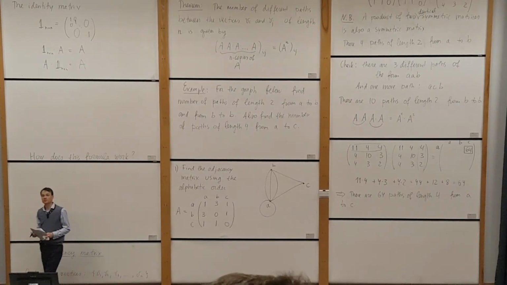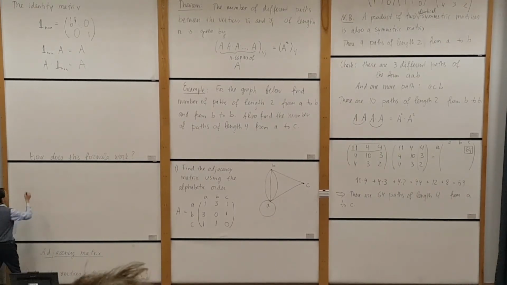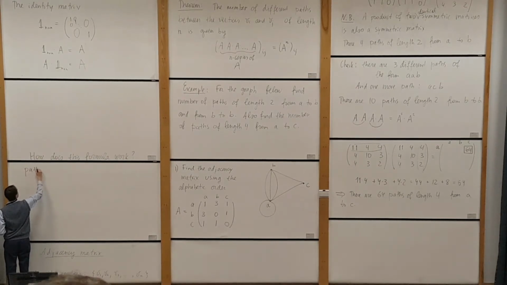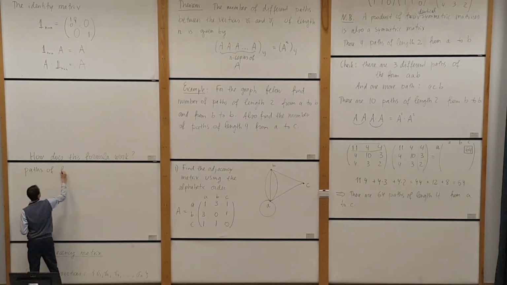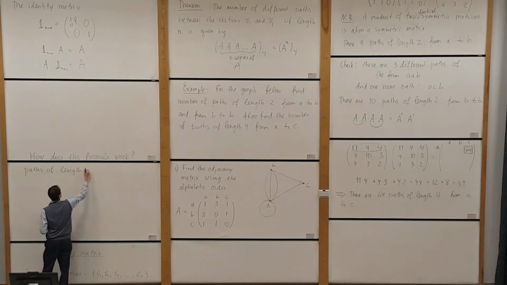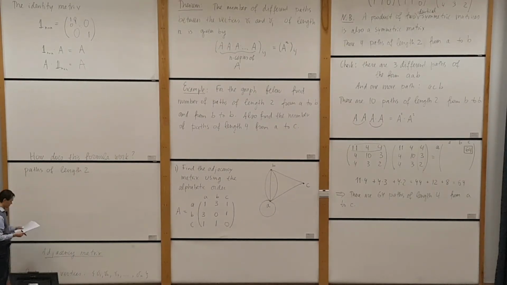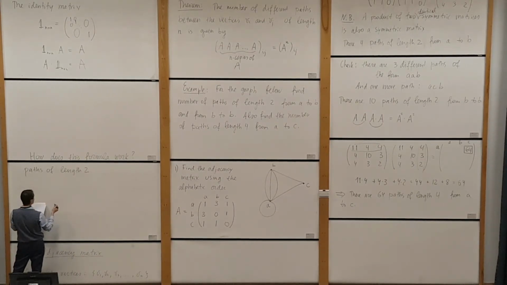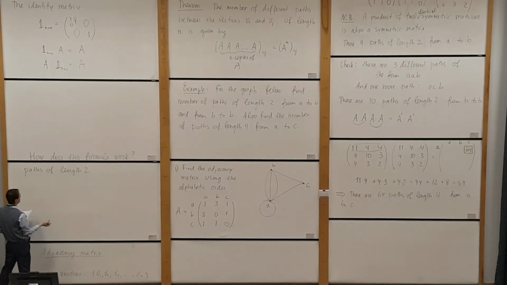So let's look at the simplest case, paths of length 2. Then the prescription is I should multiply 2 copies of A.